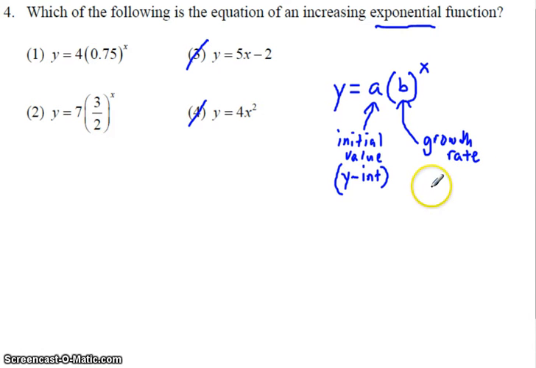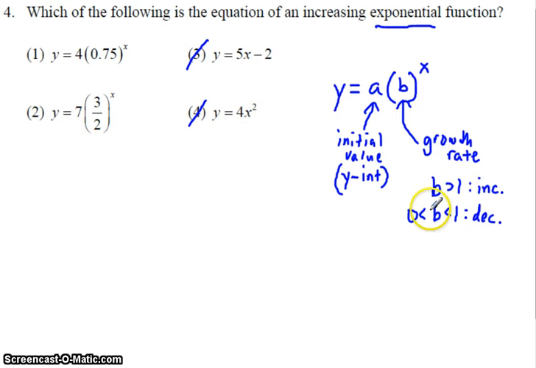And how b works is if b is greater than 1, it's increasing. Alright? And if b is between 0 and 1, like 0.5, 0.3, 0.9, something like that, then it's decreasing.